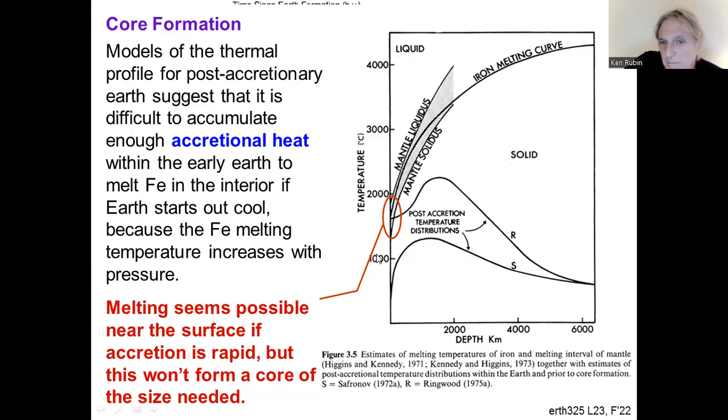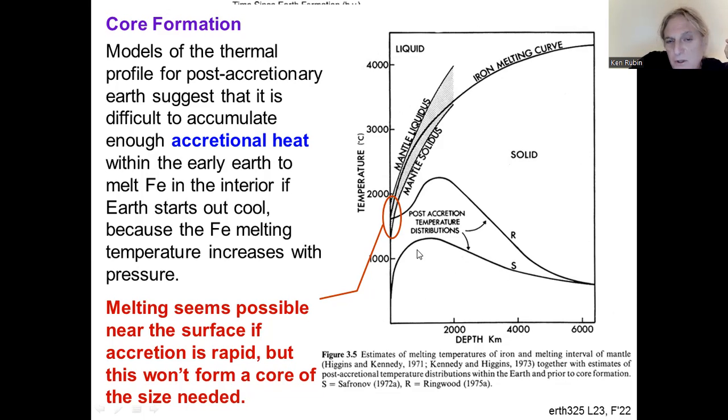Now, if we compare this to what we think would be the impact-related, gravitational-related and radioactive-related heat of accretion as Earth is building up, you can build up Earth fast or slow. That's what the R and the S are here. They're not the r and s processes of nucleosynthesis. It's just rapid and slow Earth buildup.